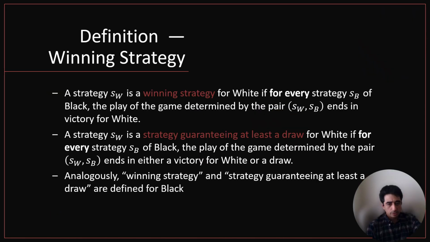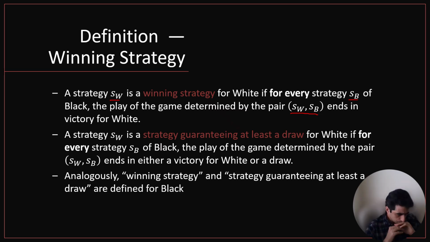Now that we have seen the definition for strategies, let's define the winning strategy. I'm going to define it for white, and then for black would be similar. I don't need to mention both of them. A strategy S sub W is a winning strategy for white if for every strategy S sub B of black, the play of the game determined by the pair of SW, SB ends in victory for white.